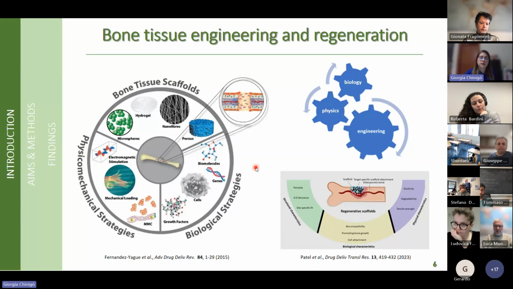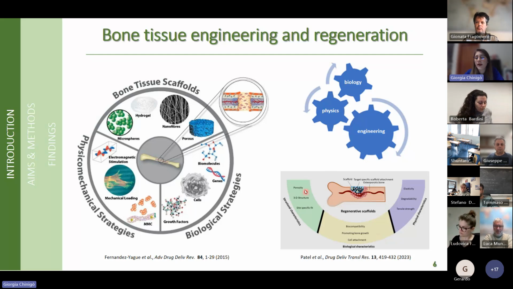Not only the structural features of the scaffold, but also its physical characteristics, as well as mechanical properties, and finally, the biological features of the scaffold. For instance, an ideal scaffold should be, of course, biocompatible, but it should also be able to form a chemical bond to favor its osteointegration.